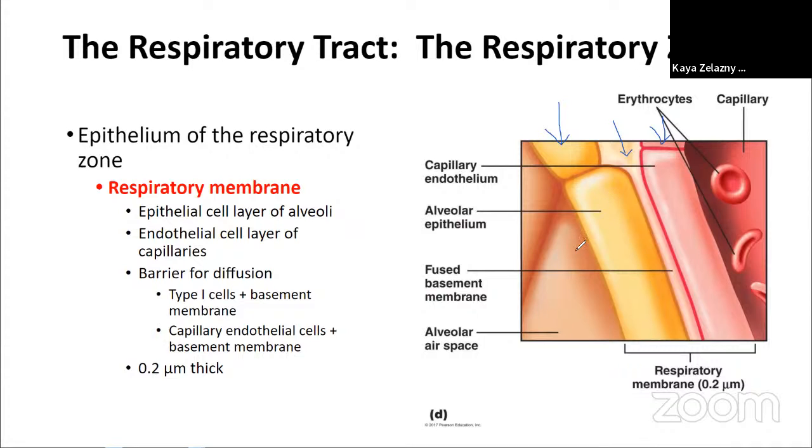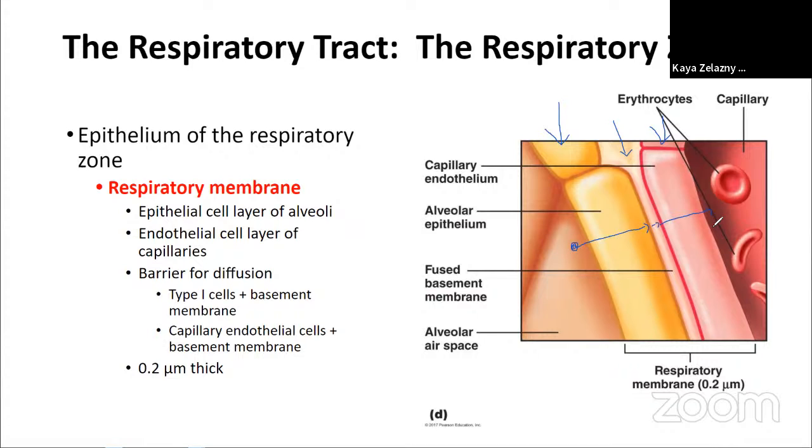So all a gas particle needs to do is diffuse first across that alveolar epithelial layer, then it's in the basement membrane, and then it goes across the capillary endothelial layer, and it's in the blood.